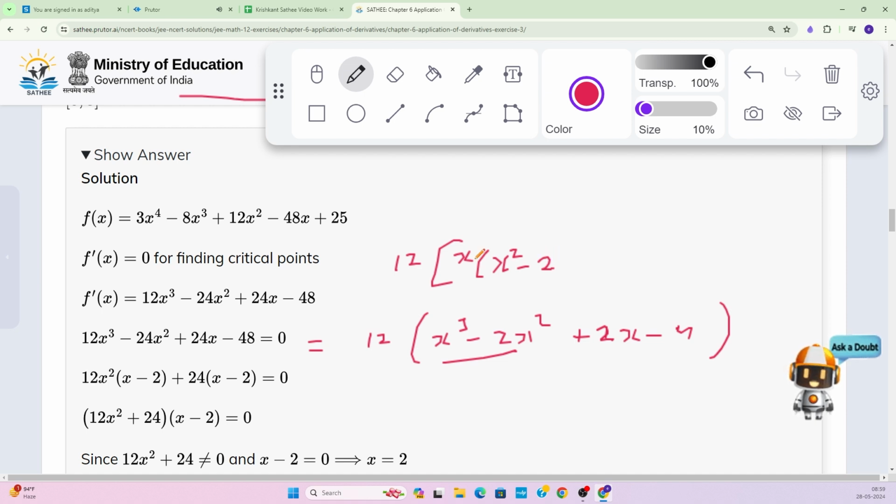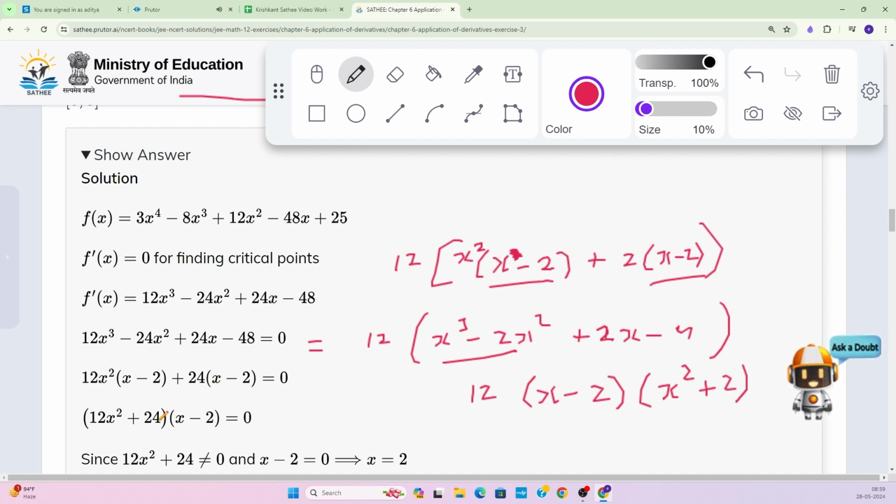Okay, if you take x square, then it will be x minus 2 common. Plus take 2 common here, it will be x minus 2, the same thing. Now you can take x minus 2 common from both the terms. You will get 12 times of x minus 2 multiplied with x square plus 2.